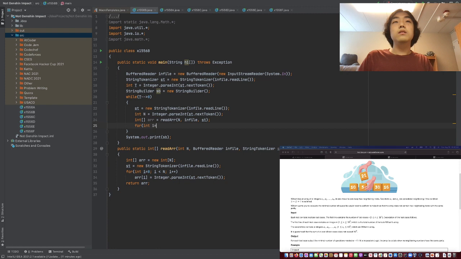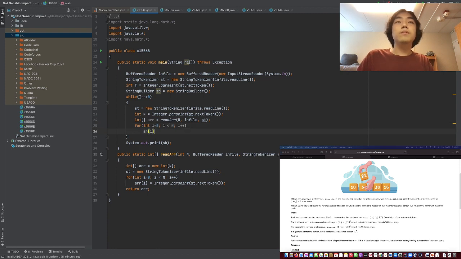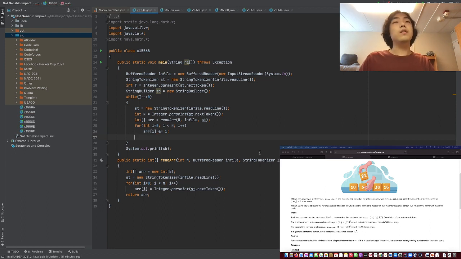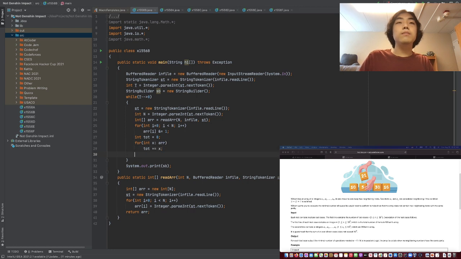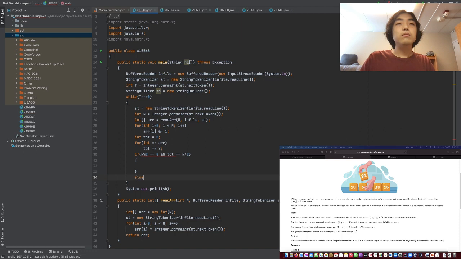I'll just take everything mod 2, and then int total is equal to 0 for the array. We have n mod 2 is equal to 0, and total is equal to n over 2, else if n mod 2 is equal to 1, and total is equal to, I mean, if we have 5 things, we could either have 2 or 3, n over 2.